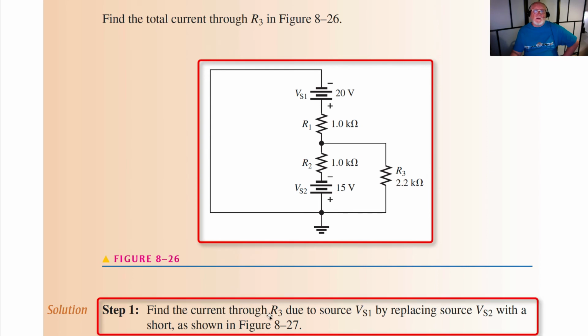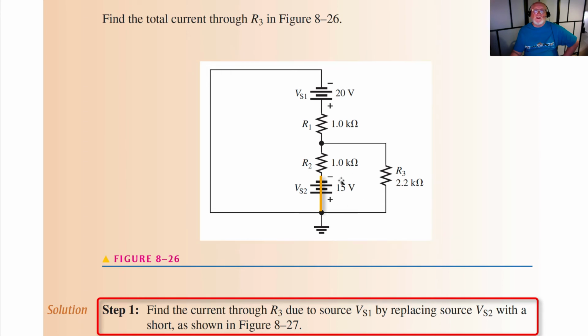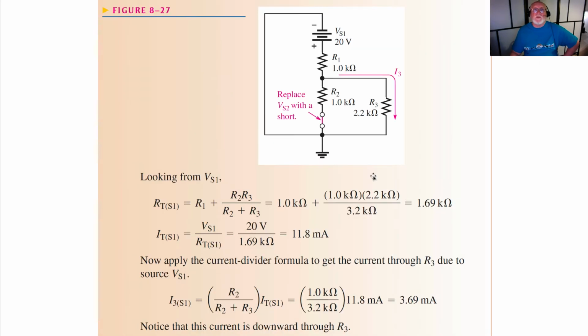So find the current through R3 due to V source 1, which is the 20 volt source on top, by replacing V source 2 with a short. So we're going to short V source 2 here, which is going to put R2 and R3 in parallel with each other.